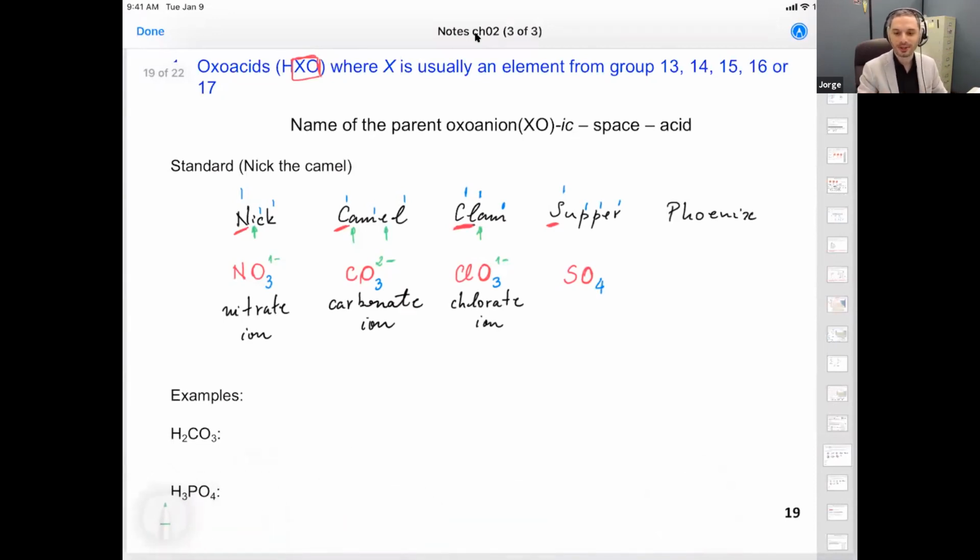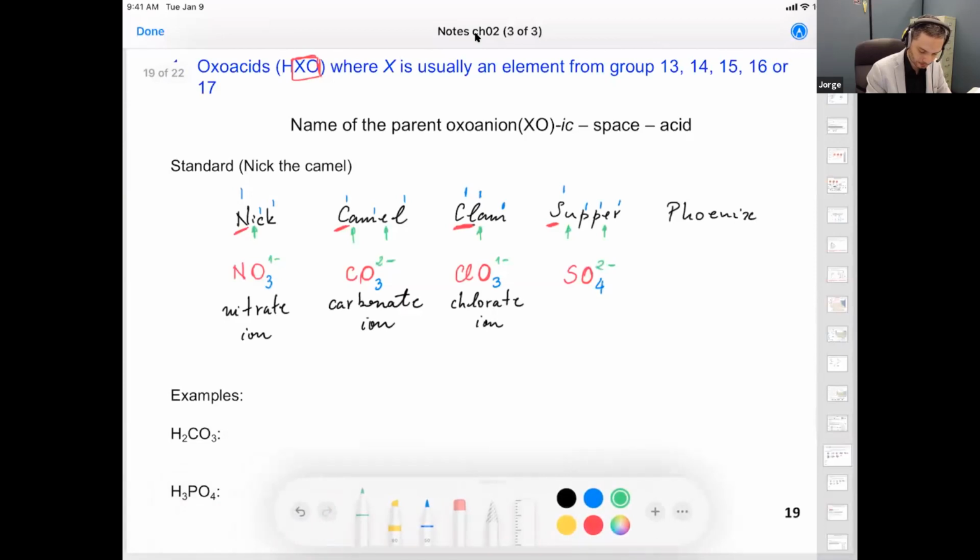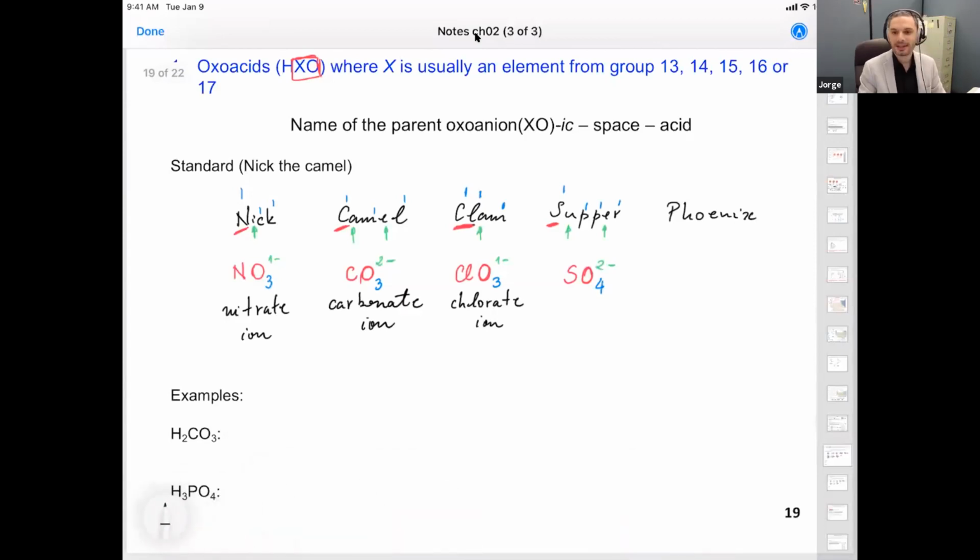There is always a negative charge, and the number of the charge is equal to the number of vowels, 2 minus. SO4 2 minus is formed by sulfur. Therefore, we have here the sulfate ion.